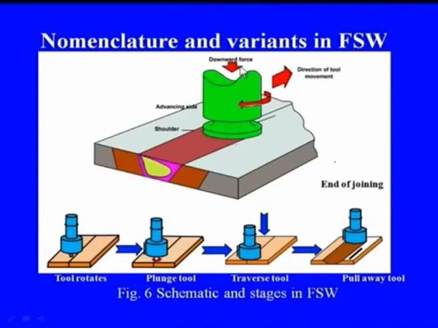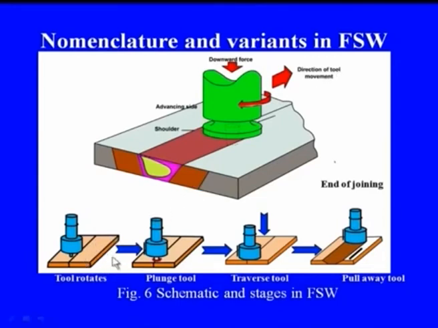As I said already, this will be given a rotational movement with respect to its axis, as well as moved along the joint to be produced, where both the plates meet. This is the interface of the plates to be joined. Therefore, the tool needs to be moved along this joint to be produced.